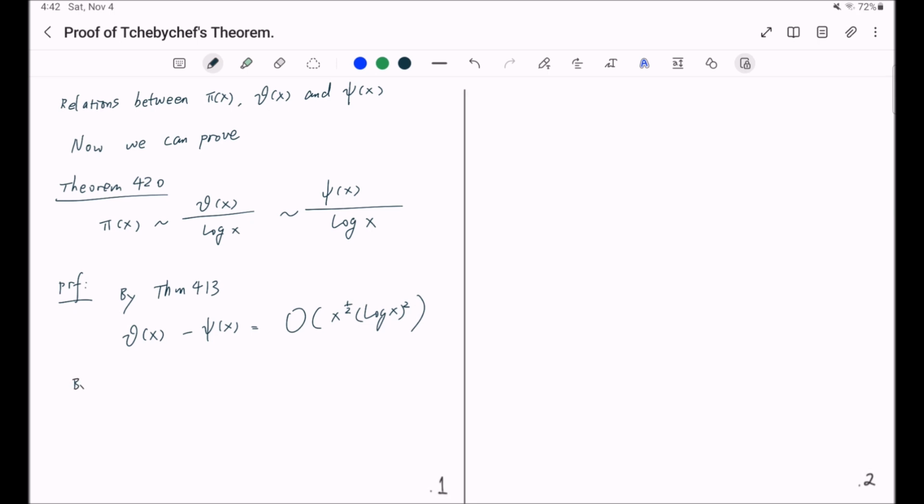And by theorem 14, theta of x and psi of x are both asymptotic to x. Although we don't know if the ratio of theta of x divided by x or psi of x divided by x converges to 1 as x goes to infinity.